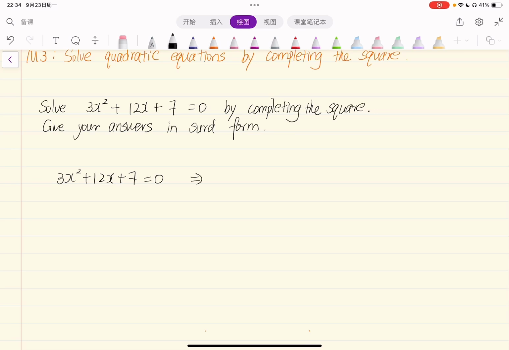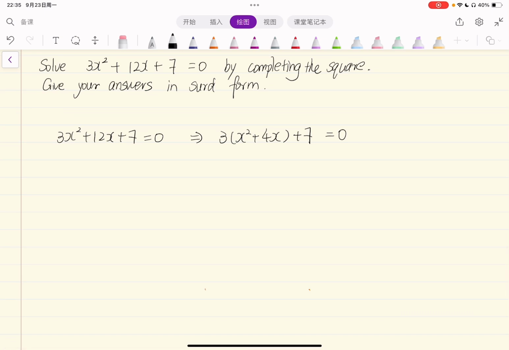We need to do the completing the square on the left-hand side. First thing, we need to take out the 3. So 3 times the bracket x squared plus 4x, plus 7 equals 0. If your right-hand side is not 0, you need to move it to the left-hand side. Then the right-hand side is only 0, so we can do the completing the square on the left-hand side.